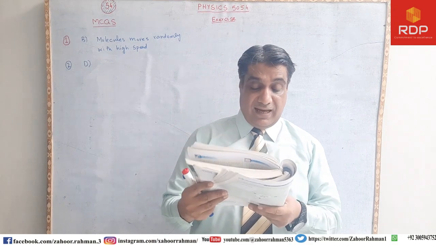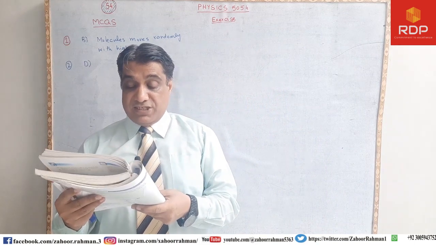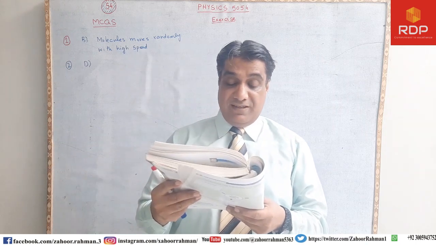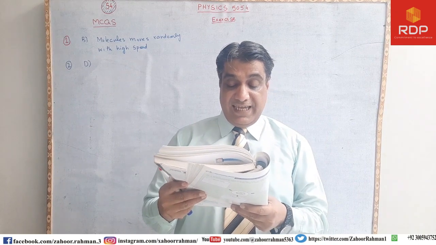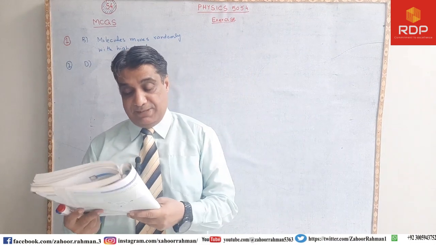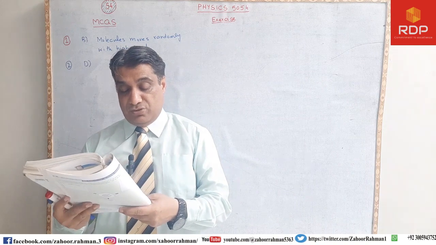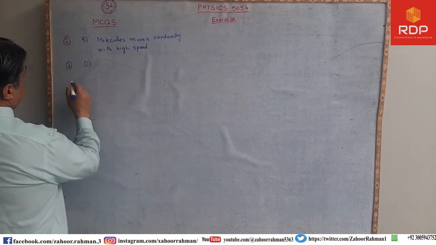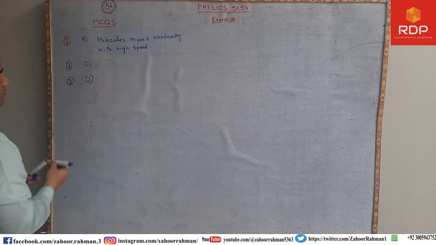The gases are different. No, it is not. Listen to the question: diffusion of gases occurs because the molecules of the gas attract each other. No. The gases move about randomly. Yes, this is the correct answer, part D. Diffusion occurs because the gases move about randomly. So the answer to the third question is part D.